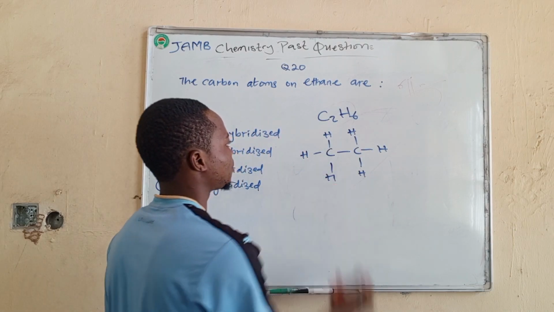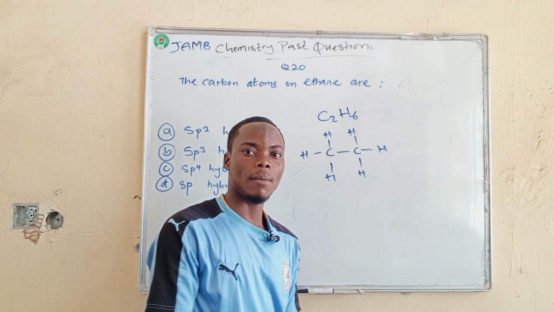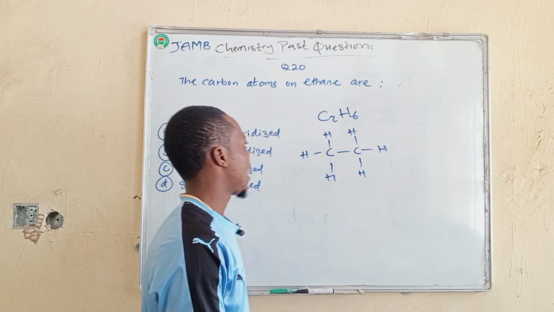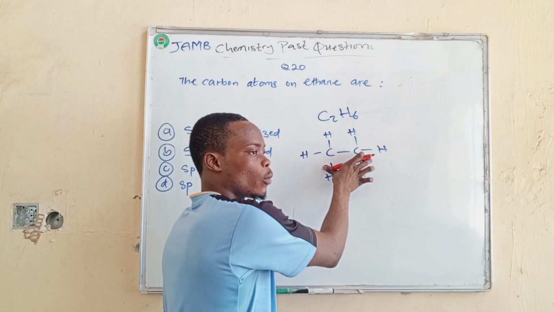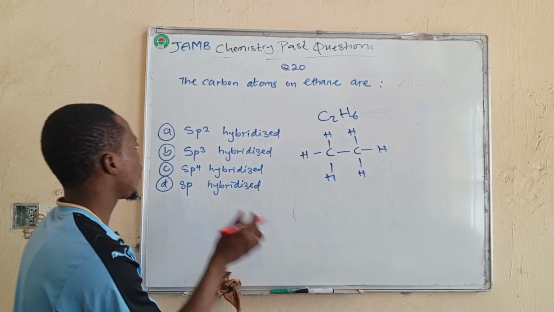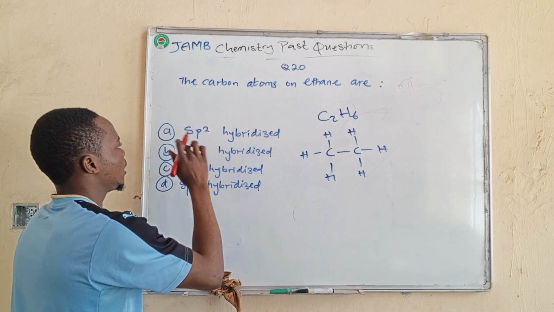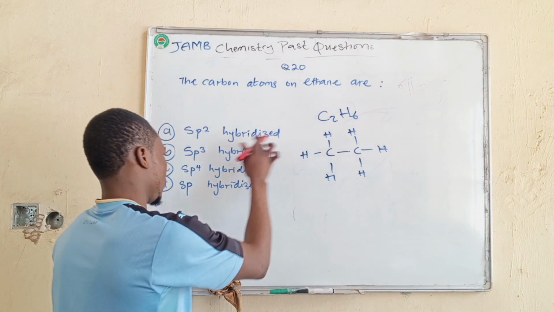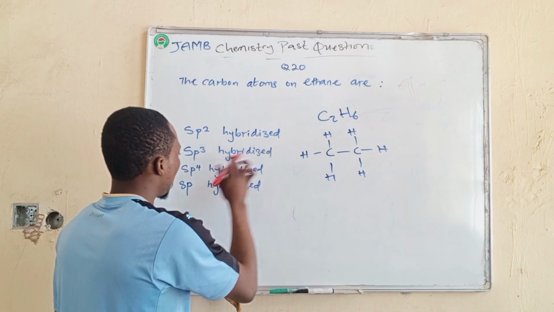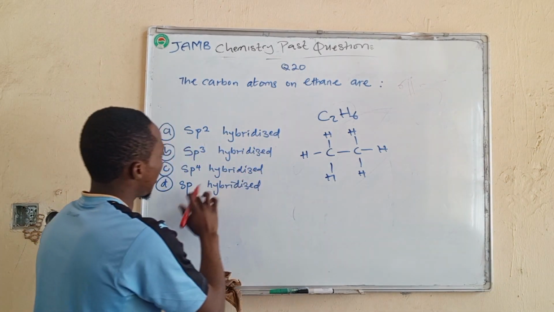From question number 1 I solved earlier, I believe looking at this question, you should be able to know if the answer is sp2 hybridized, sp3 hybridized, sp4 hybridized, or sp.